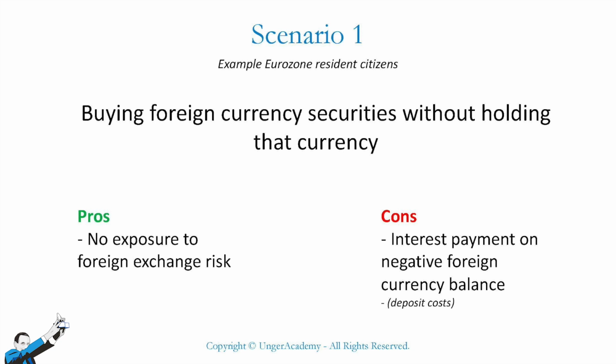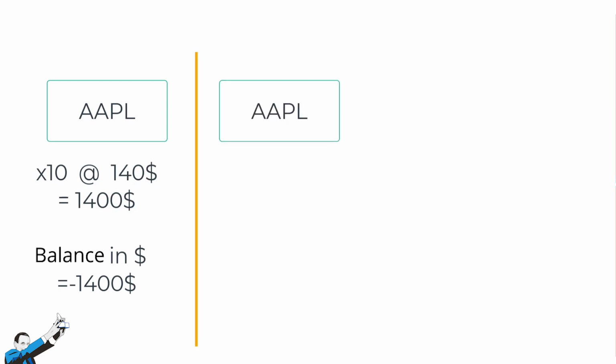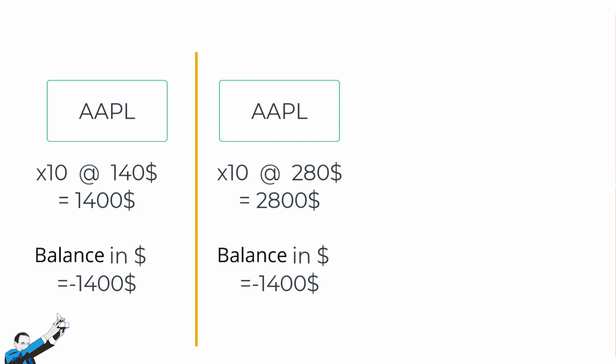For sake of clarity, let's assume that we buy 10 shares of Apple stock at $140 each. This way we'd end up with a debt of $1,400. So if the price of Apple rises, for example, to $280 per share, so it doubles, our dollar debt remains at $1,400, but the counter value of the position we opened is $2,800.